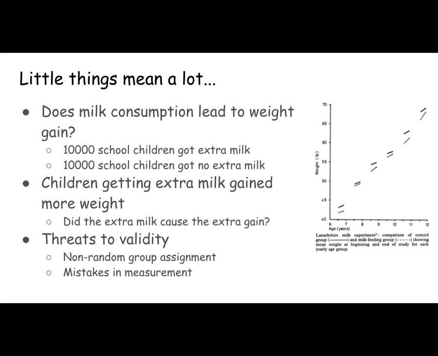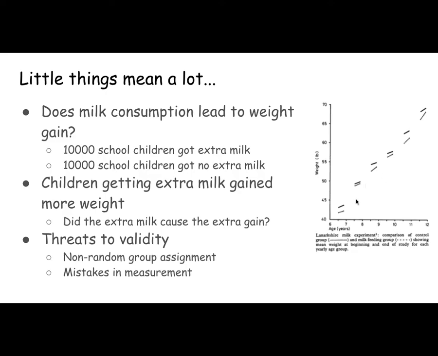They put them in the extra milk group, which was the compassionate thing to do, but it did mean that in each case, the kids that weighed less were all in the milk feeding group. So the milk feeding group always started out weighing less than the other group.